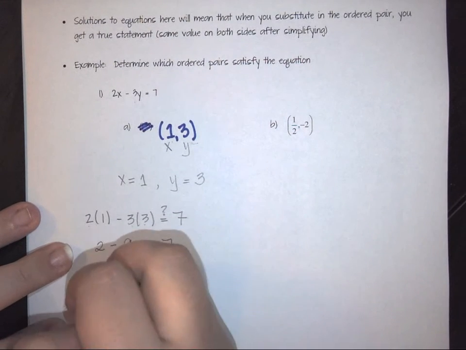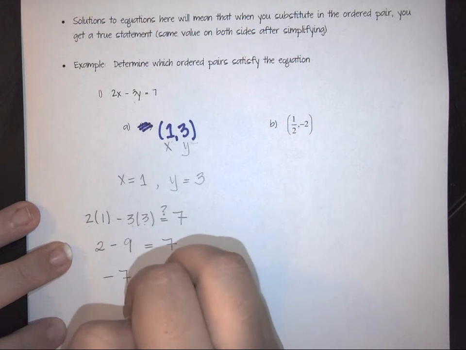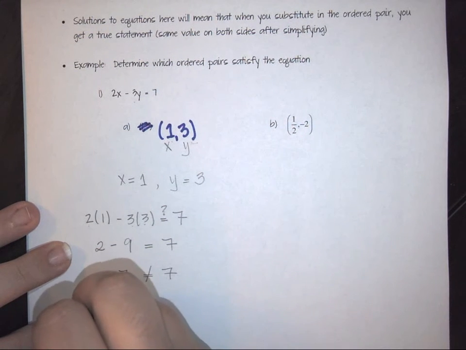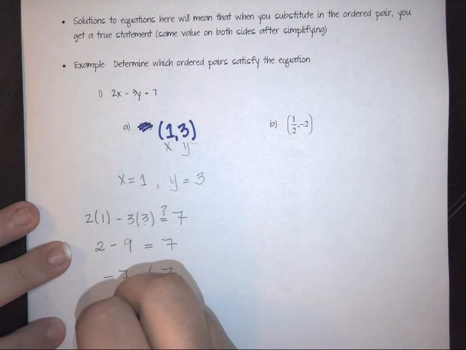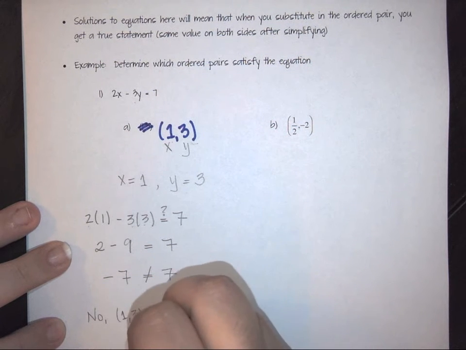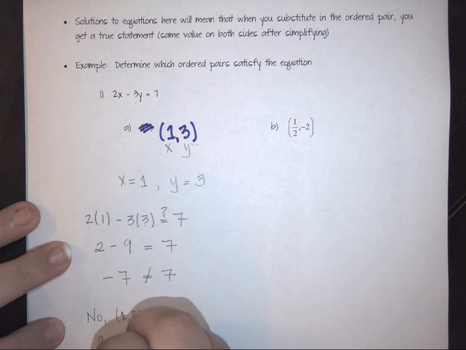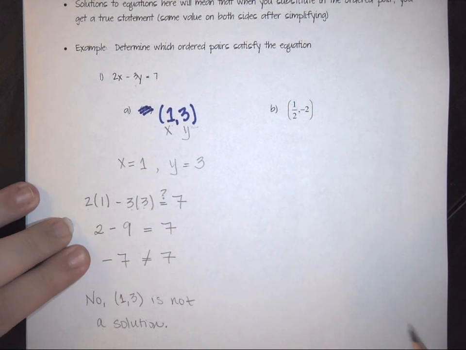Well, 2 minus 9 is a negative 7, which does not equal 7, so therefore you would say that no, the point 1, 3 is not a solution. And the reason for that is because it didn't work.